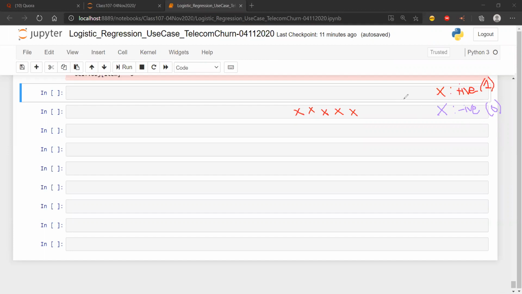So let's say we have a data set which has only 10 points: 5 users are here, and the rest 5 users who have not churned are over here, right?